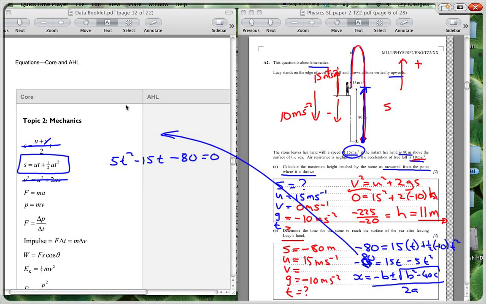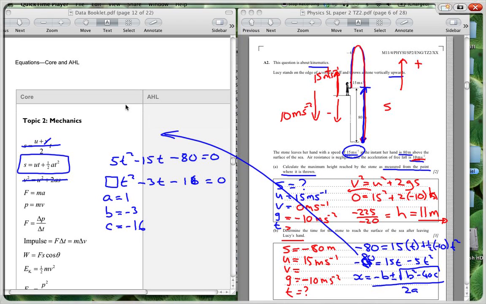I can divide that all by 5, so I get t squared minus 3t minus 16 is equal to 0, and then I put this in. So my a is equal to 1, that's the number in front of your t squared. Your b is equal to minus 3, and your c is equal to minus 16.